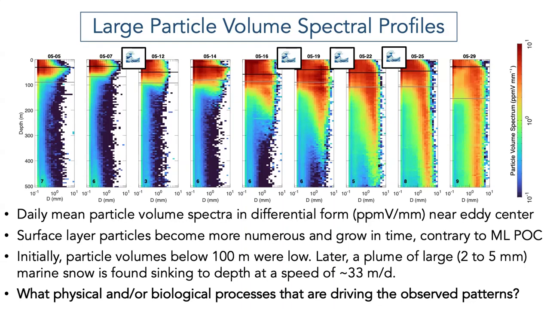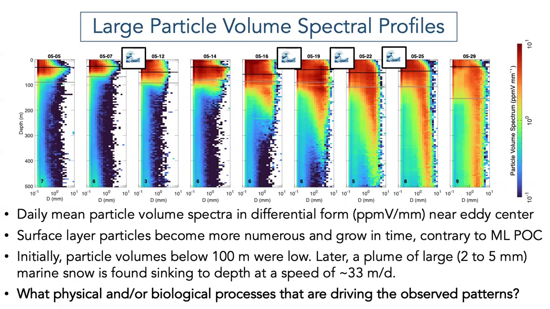The colors shown are the intensity of the particle volume, so you get a sense of both abundance by its color and size by where it fits in. These are selected days, not all the days that we sampled, but from May 5th to May 29th in the year 2021.